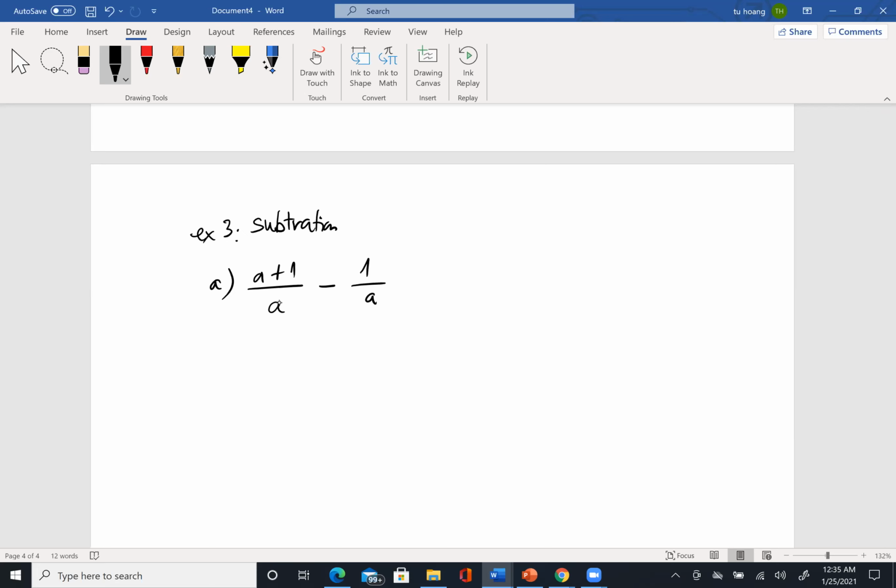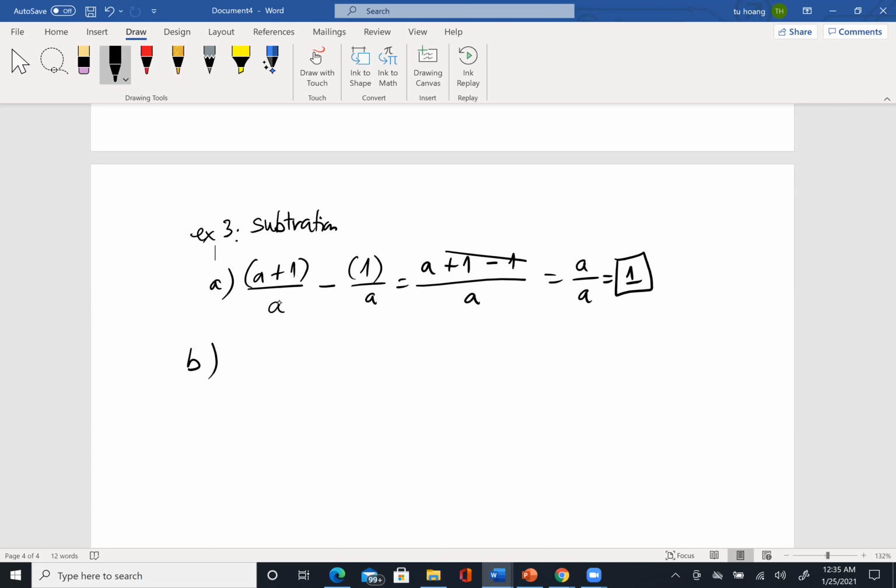So easily you will have a plus 1. Oh, don't forget the parentheses, right? Okay, so minus 1. Then you have the bottom as a. 1 minus 1 is gone. You have only a over a, which is equal to 1. That's an easy one.